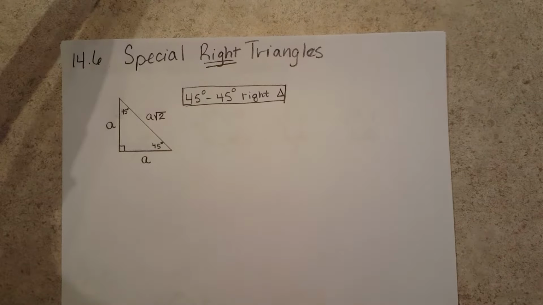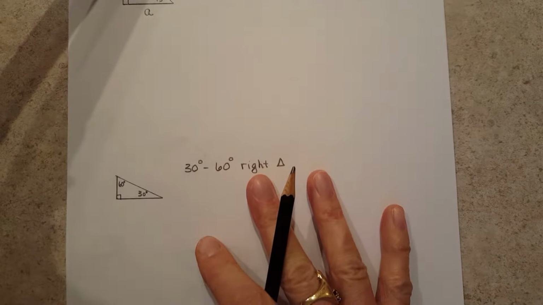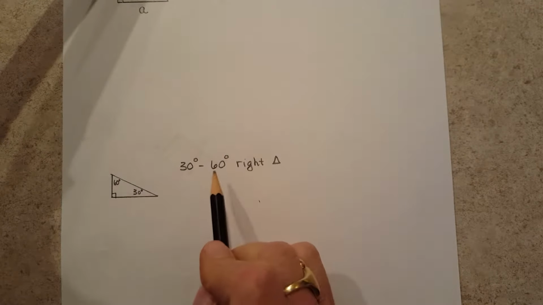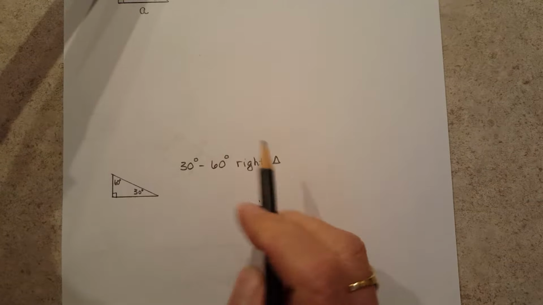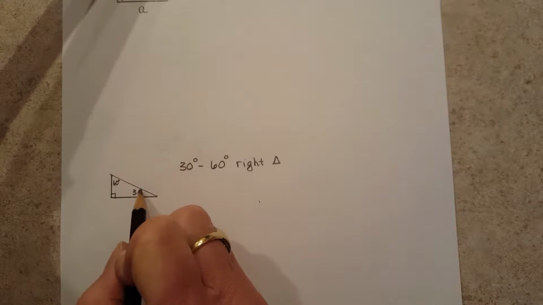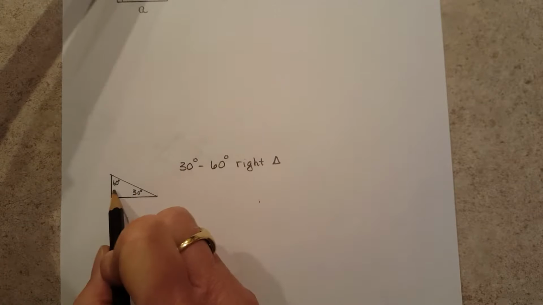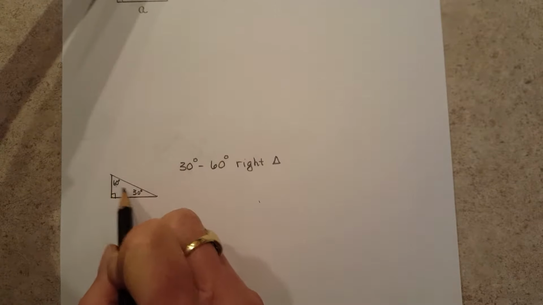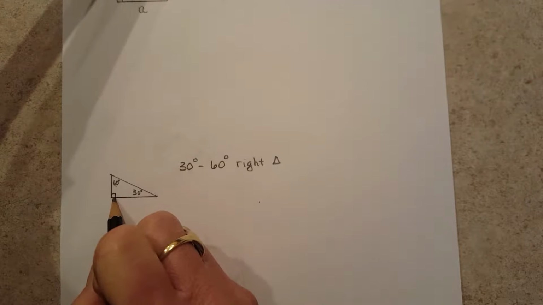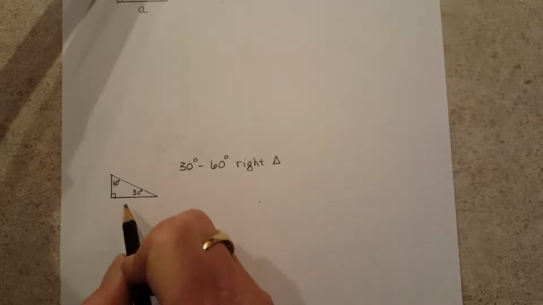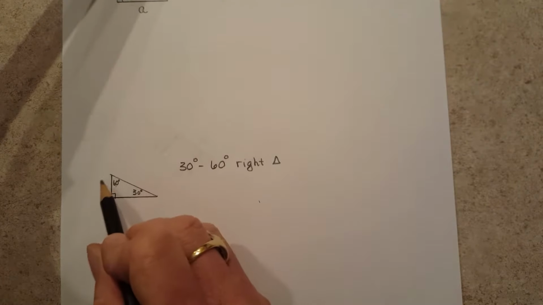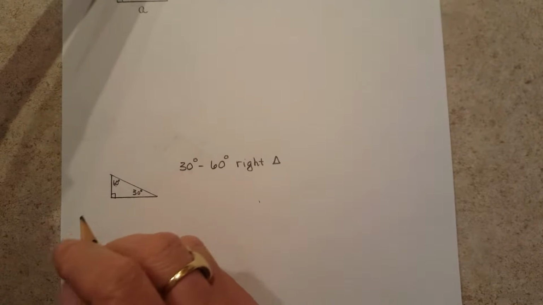But let's first look at one other special right triangle that's called a 30-60 right triangle. Remember, all the angles add up to 180 in a triangle, and so we have 60 and 30 here, 90, and then 90, 180. In this special right triangle, there are also ratios or proportions involved in each of these sides.